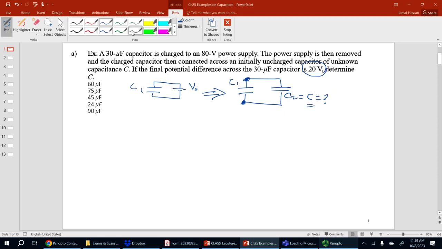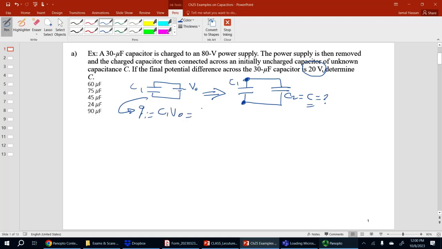So the first thing is we need to find the initial charge. The reason is this is an isolated system, so the initial charge in the system is equal to the final charge in the system. The system before just consists of a power supply and C1. Afterward, the system consists of C1 and C2. So here we can find Q initial, which is equal to C1 V initial.